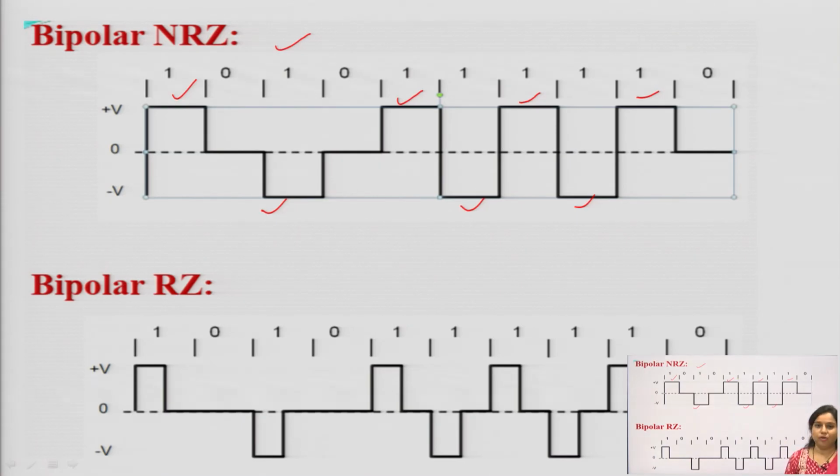In the case of bipolar RZ, for the half bit duration the amplitude will be plus V, for the other half bit duration it will be 0 volt.